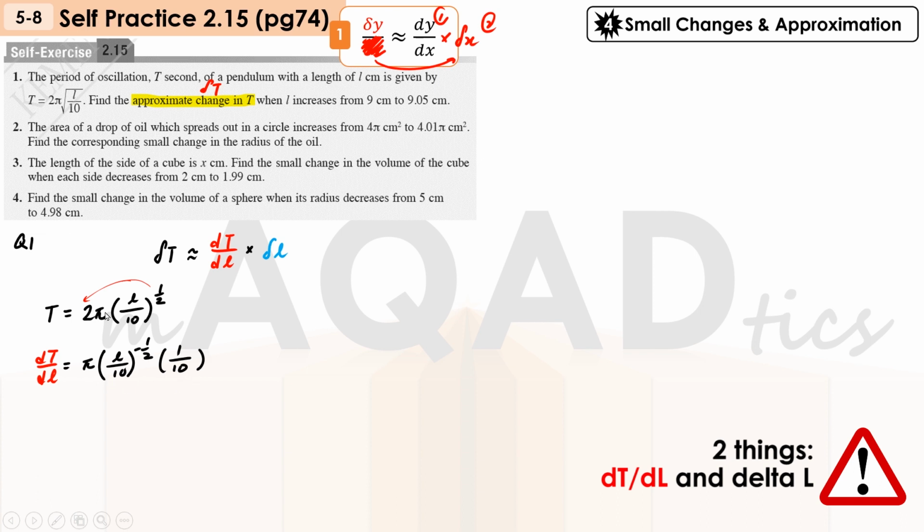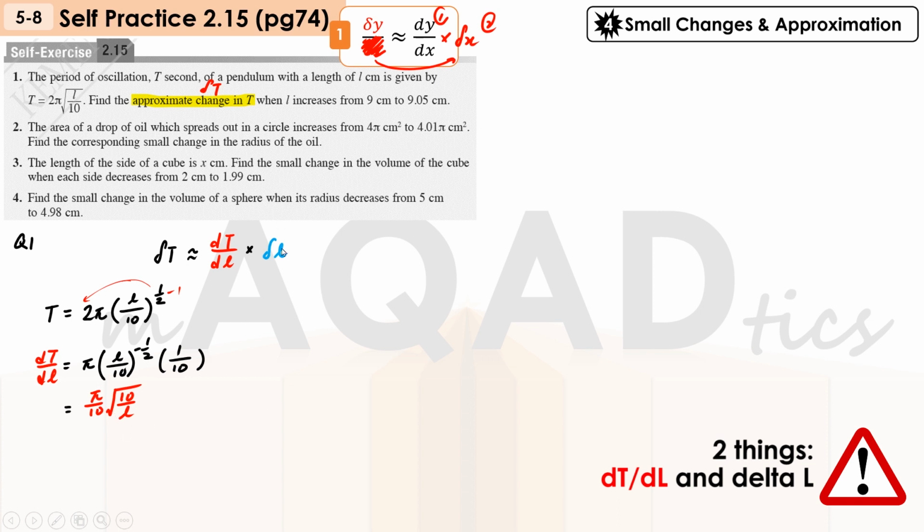Pi remains. For this whole thing, we differentiate and minus 1 from the power, so it becomes negative 1 over 2. Then there is another thing students always forget, which is to differentiate the things inside the bracket. Here the power of L is 1, so when we differentiate we are left only with the number, which is 1 over 10. That's why I need to multiply by 1 over 10 here. Once we simplify, we get something like this.